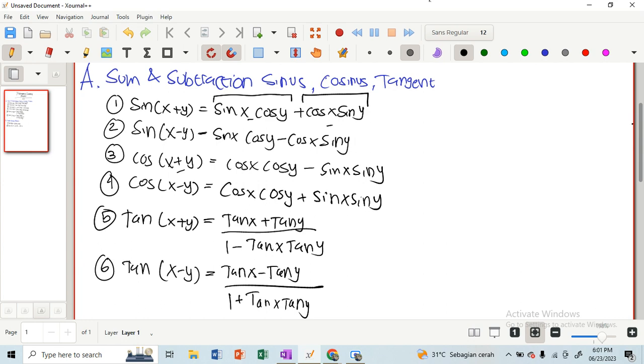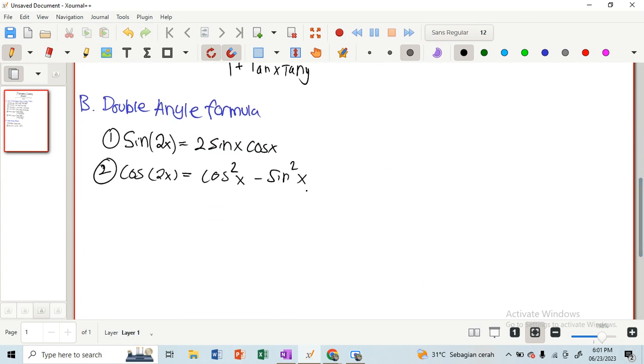Because sine x times sine x is the same as sine to the power of 2. Not 2x in the angle, but 2 in the power. So this is the formula.